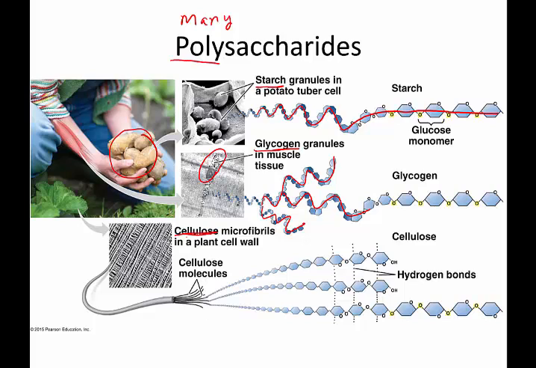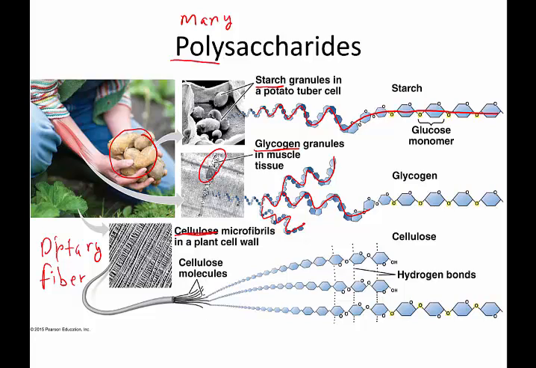Lastly, we have cellulose. So this is actually how the plant itself gets structure. We know it as dietary fiber. So this is indigestible plant material. And again, the outside of leaves, the stem, there's lots and lots of cellulose in plant material.